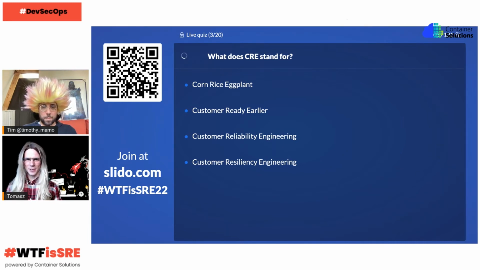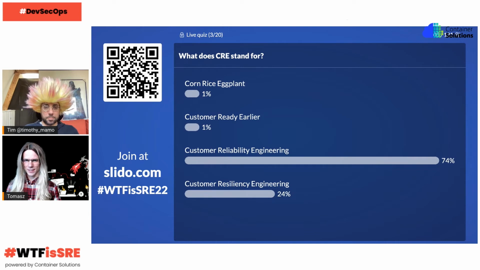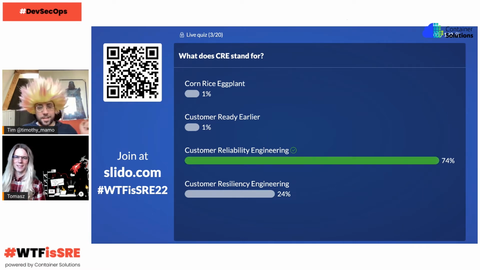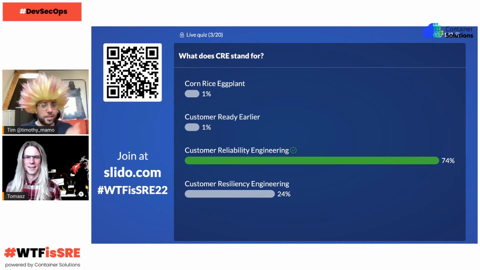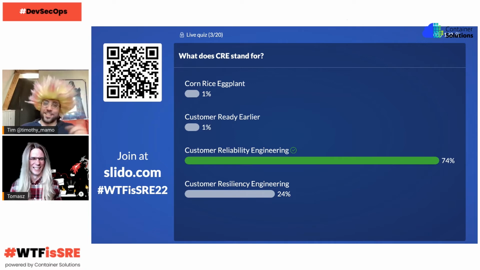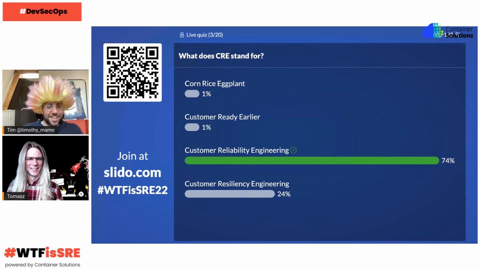Okay, and we should see how the answers are spread. Two options were quite popular, and let's see which was the correct one. Okay, so again, I want to know the 1% who answered corn, rice, eggplant. Can you just tweet me or drop me a DM? I want to understand that. Cool, awesome.